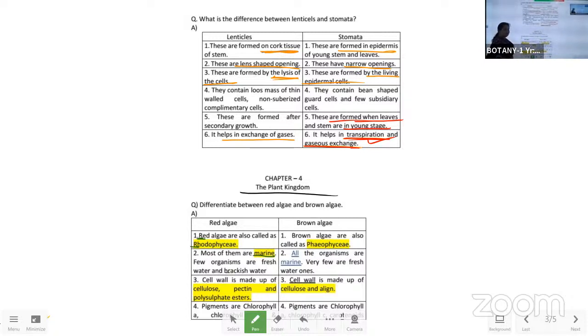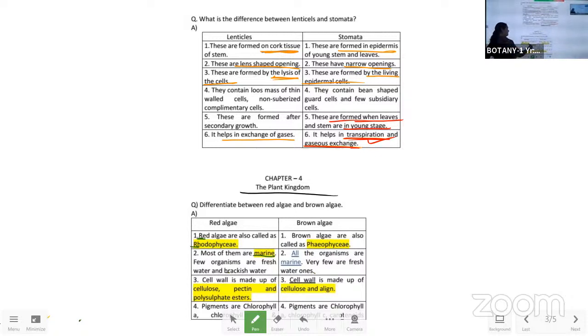Very few organisms can survive in fresh water and brackish water, so we have to mention this condition for the red algae. Whereas for the brown algae, all the members are marine, and in that also very few are in fresh water, not brackish. That also we need to mention for the brown algal members.